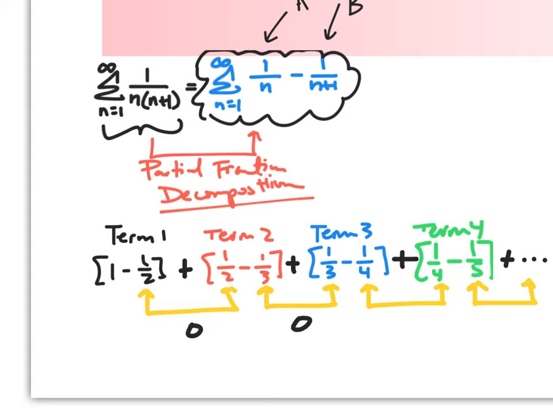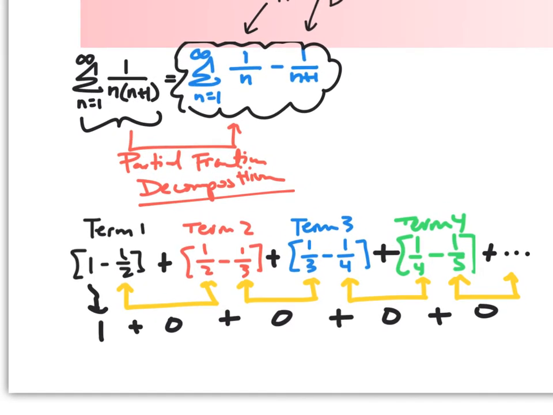Well, that'd be 0, that'd be 0, that'd be 0, on forever. What's the only thing that's left? 1. So that means that this sum right here equals 1.